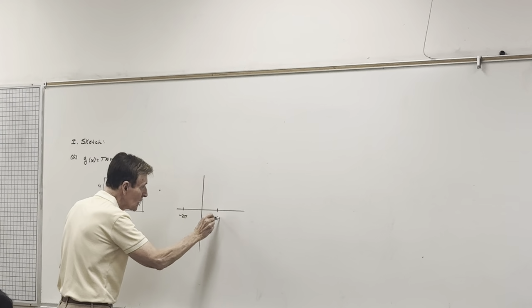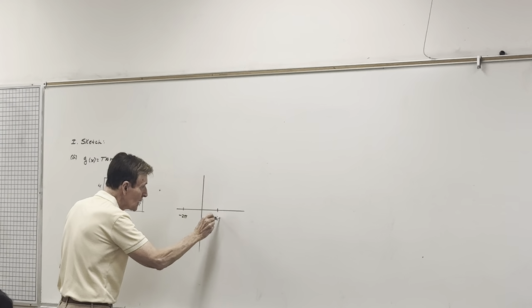Now, how do we rewrite this over like this? It's supposed to be stretched by 2, right? And upside down. I'm doing cosecant. Where are there asymptotes on cosecant?